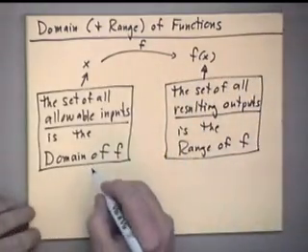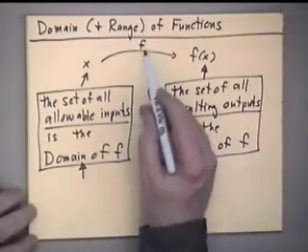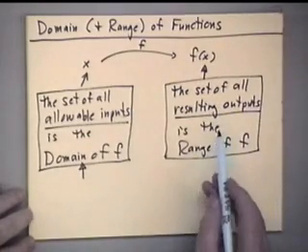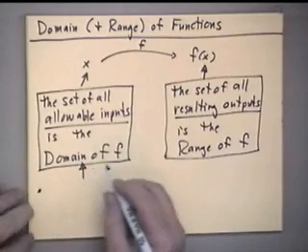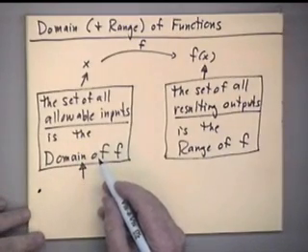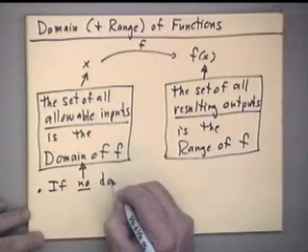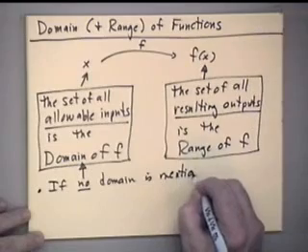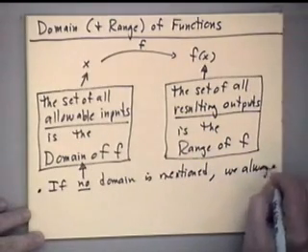Now most of the time we will be concentrating on the domain because that determines what values the function is allowed to operate on, and the range is just what comes out. We sometimes will look at the range, but the domain will be more important for us. And very often we will not even mention the domain of a function, so we need to address that issue. If no domain is mentioned, which often happens, we will make the following assumption.